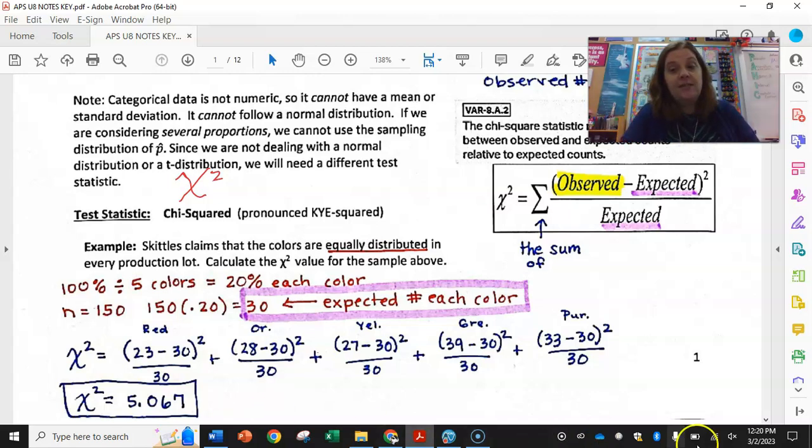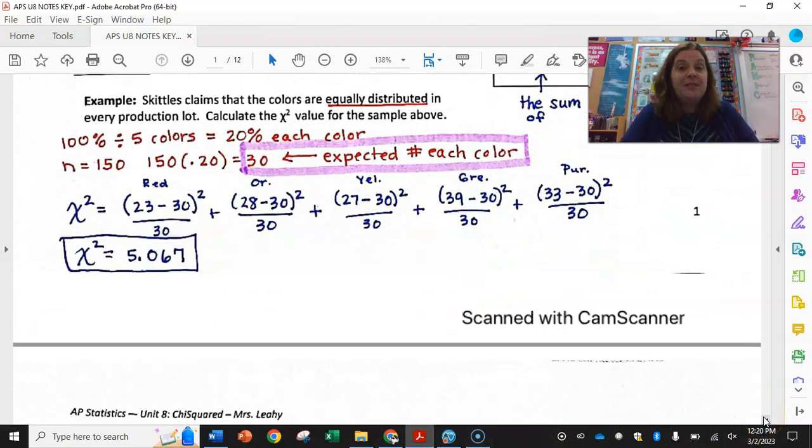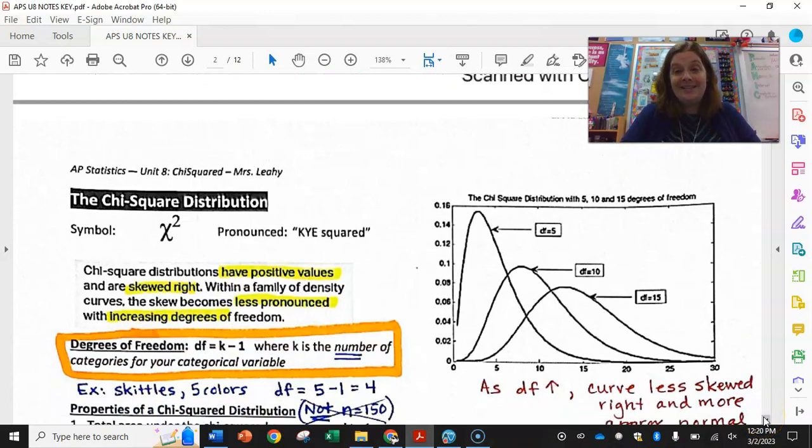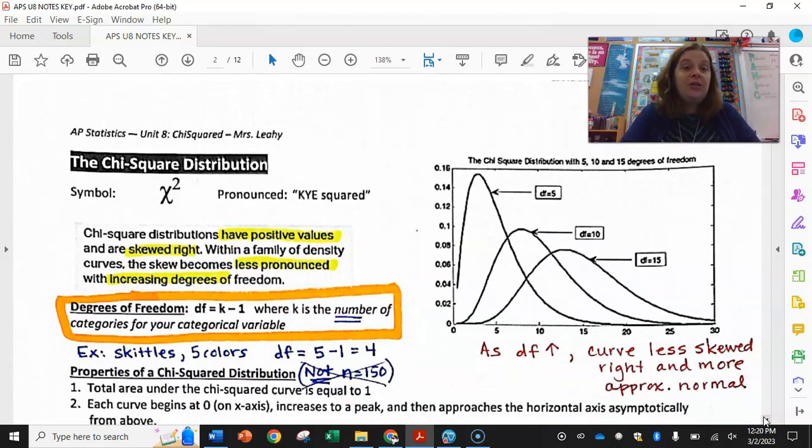Now, the chi-squared test statistic is a little bit different from a z-test statistic or a t-test statistic. Here are the big things you need to know about chi-squared. First off, chi-squared values are all positive, because a chi-squared value of 0 would mean there's no difference between your expected count and your observed counts.